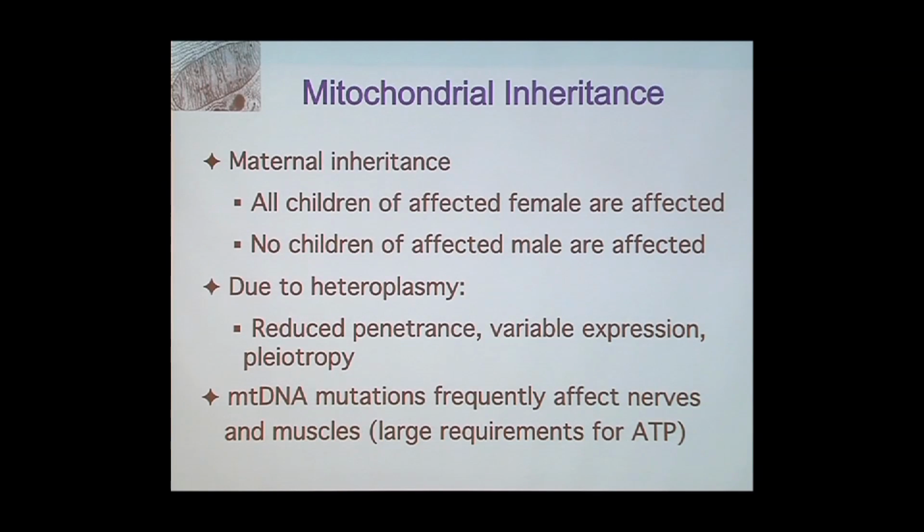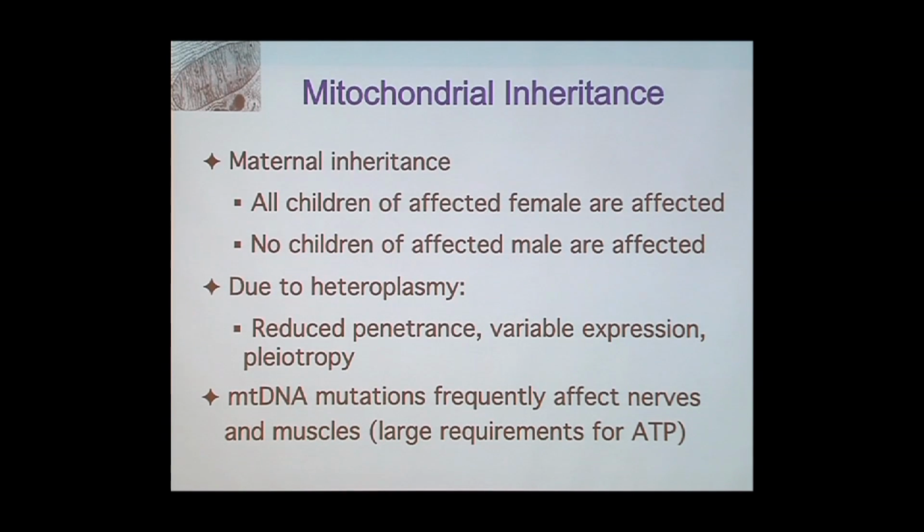Okay? So to review this, mitochondrial inheritance is basically, the pattern is maternal inheritance. All the children are affected of the females that are affected. No children of an affected male are affected because they're not passing on any of their cytoplasm, any of their mitochondria. There is a lot of variability, so I didn't go into the details of this, but because when the cell divides, the cytoplasm divides not precisely.